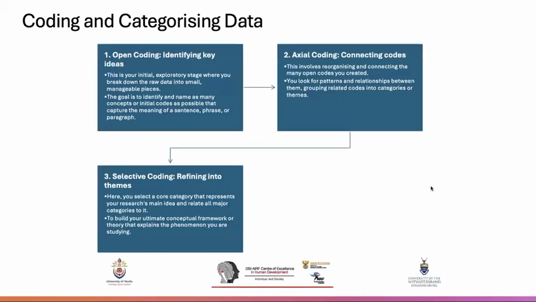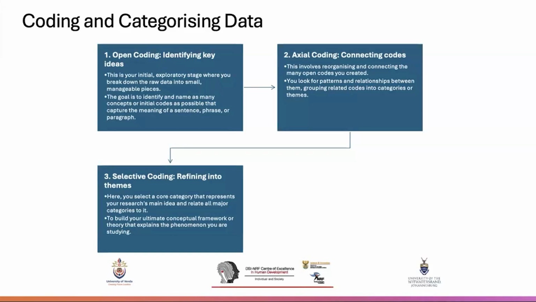Now, I want us to talk exactly about how grounded theory works, and particularly grounded theory data analysis. To start off, I will talk about the coding of the data. Grounded theory follows a three-step approach, organized in this fashion.